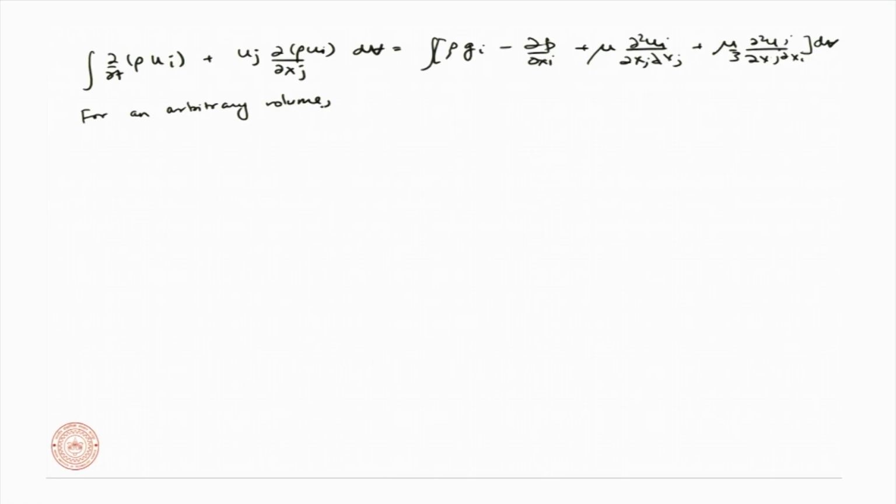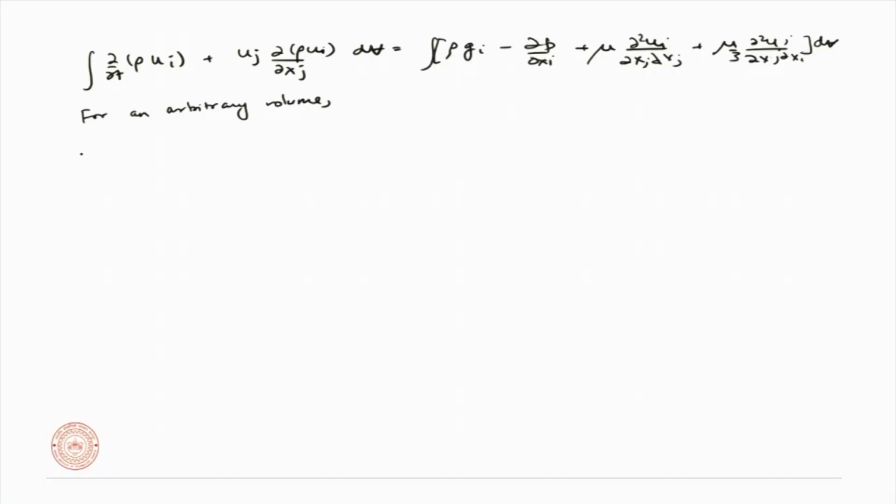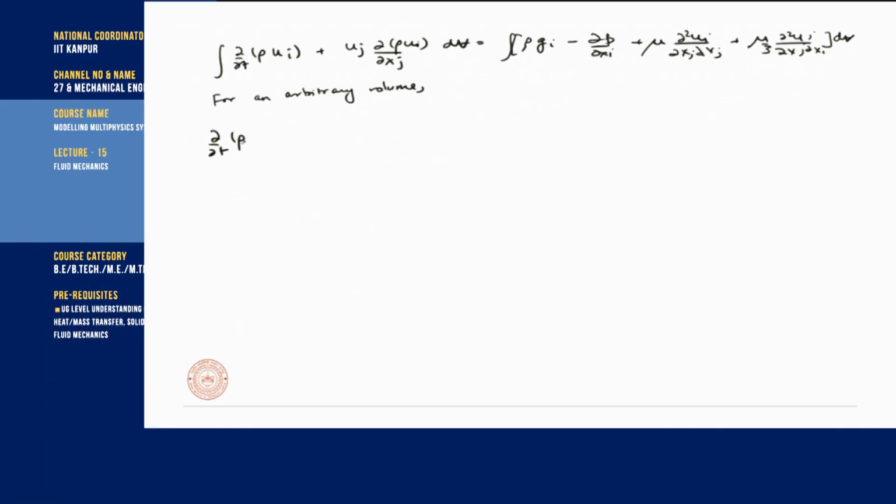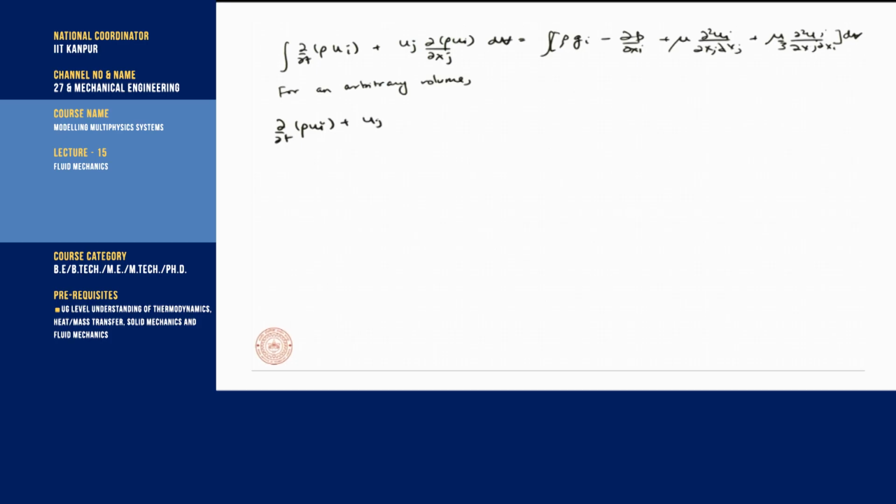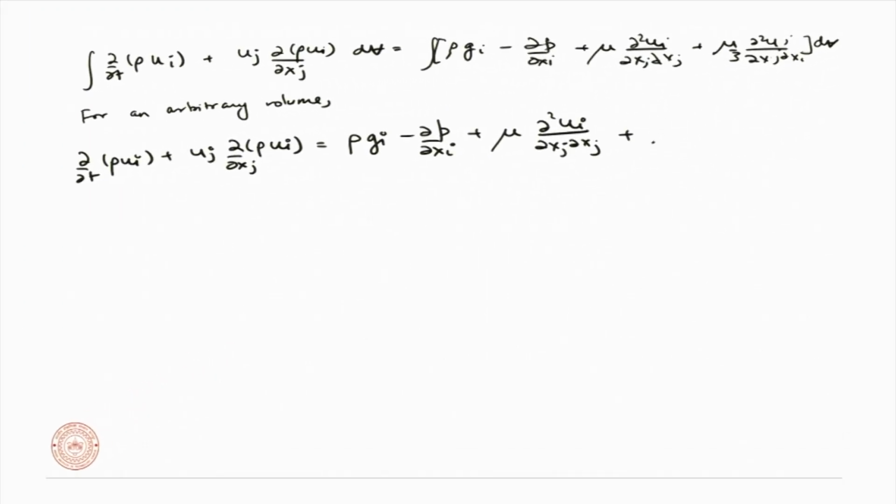We bring everything to the left into one volumetric integral, and that integrand is 0, and then we rearrange the terms, and we will get del by del t of rho ui plus uj del by del xj of rho ui, plus rho gi minus del p by del xi plus mu times del squared ui by del xj del xj plus mu by 3 times del square uj by del xj del xi.